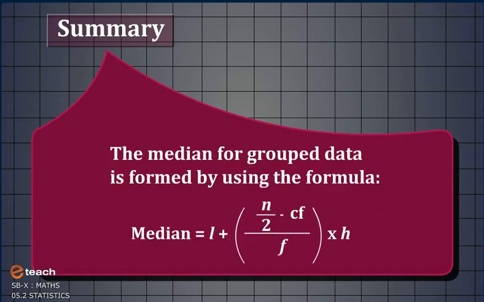The median for grouped data is found by using the formula median equals L plus (n by 2 minus CF) upon F multiplied by H.